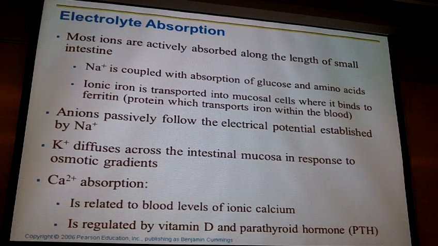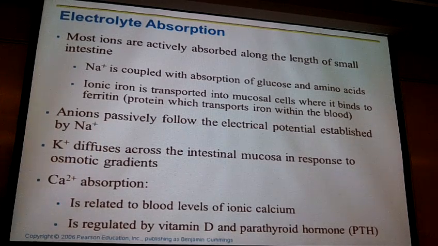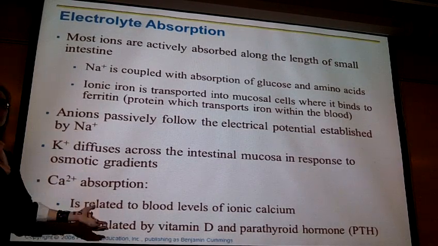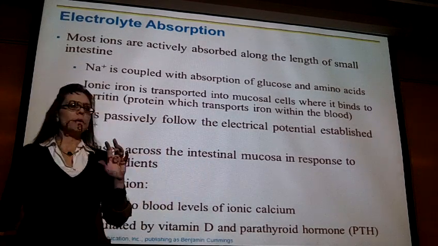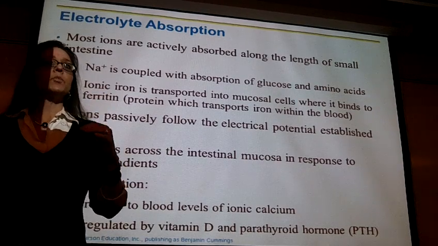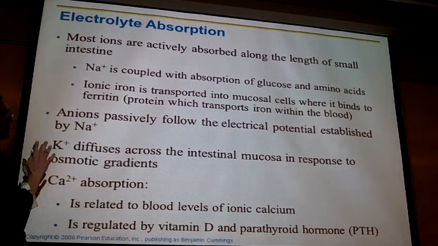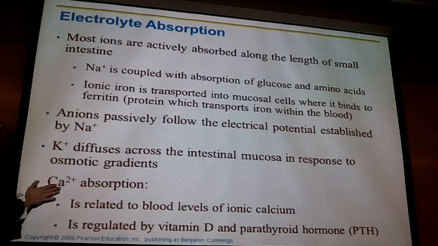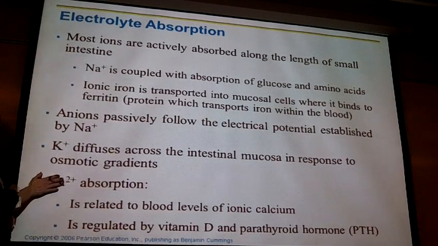Okay. For your electrolytes, again, just remember that most of these are getting absorbed in the small intestine. And remember that the way these various ions or minerals or electrolytes get absorbed is by some kind of protein transporter or protein channel. That's how they're getting absorbed. And we're not going to talk about different gradients and whatnot. Don't worry about that. One thing to keep in mind, remember that with calcium absorption, we have to have vitamin D present.